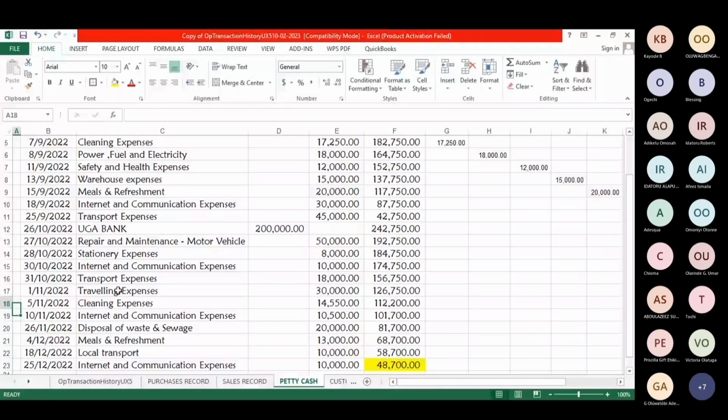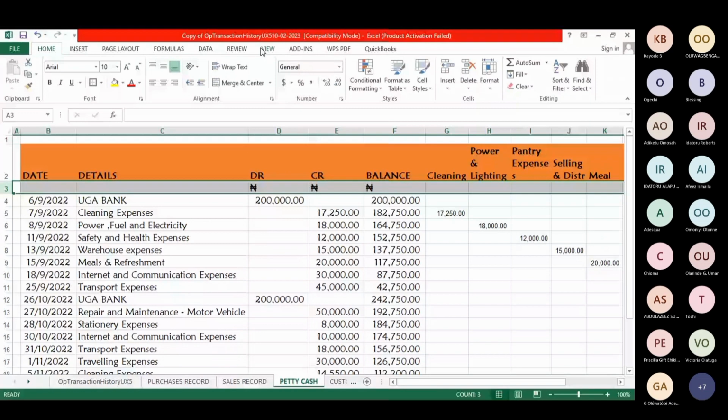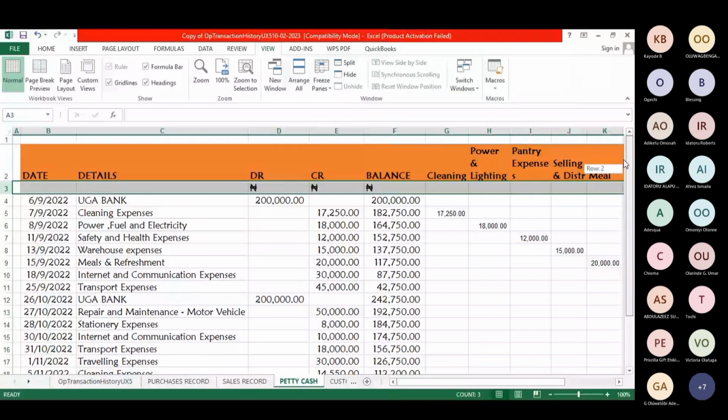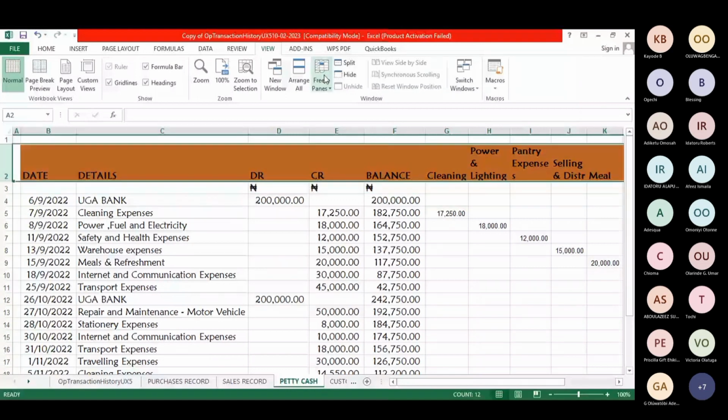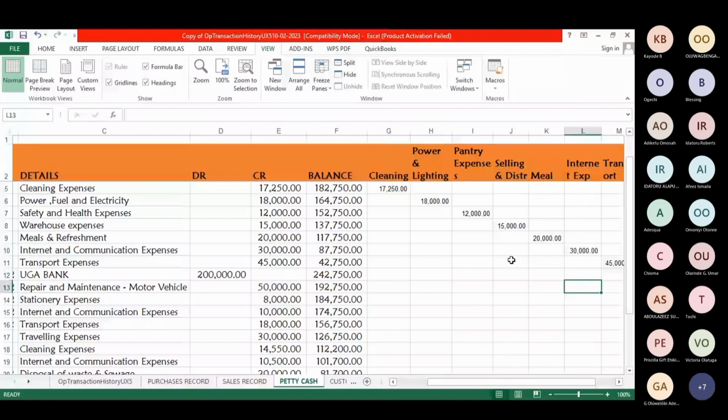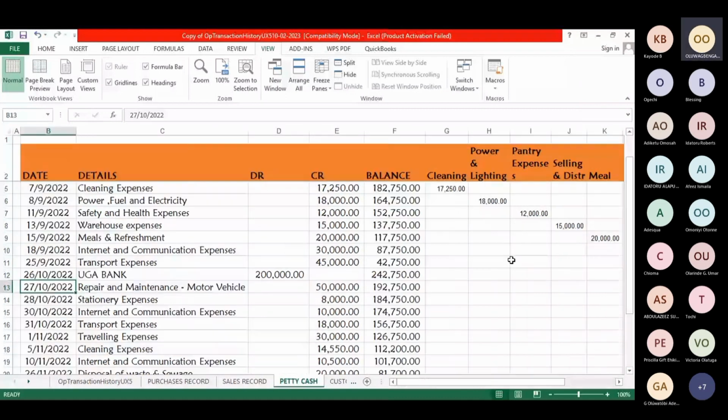Okay, let me. Let's continue. Repair and maintenance motor vehicle.